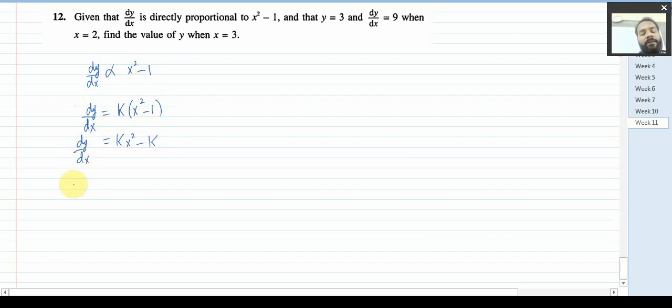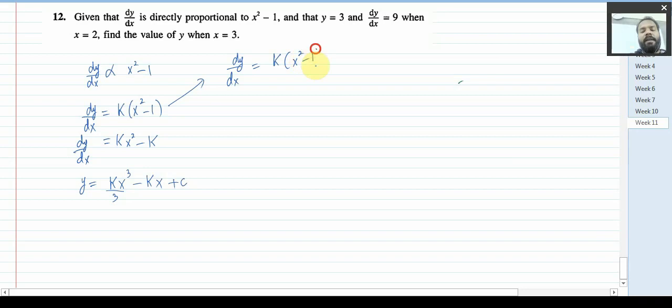So now it will be y equals kx cubed divided by 3 minus kx plus c. Now we have the values that when y is 3, dy by dx equals 9, and when x equals 2.